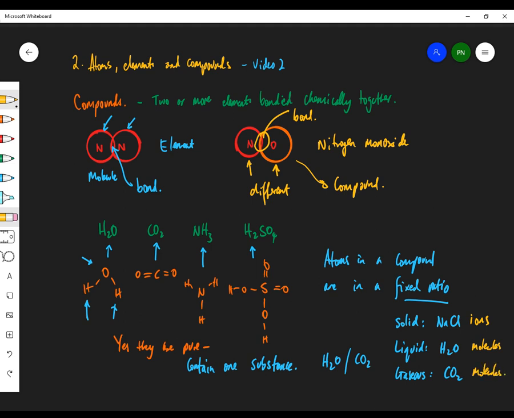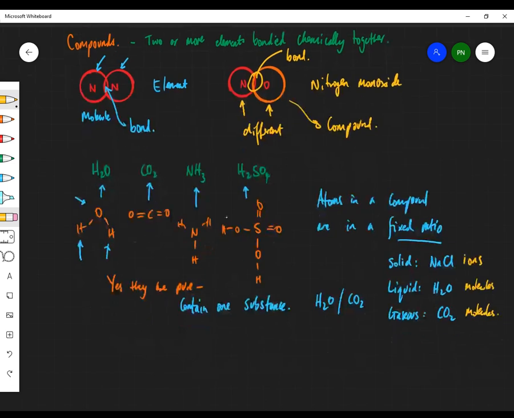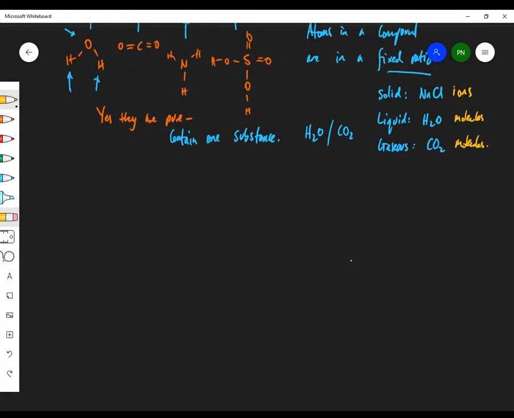Now I've got a very short time to do mixtures, but that's okay. So what's a mixture? Mixtures are not pure. A mixture would be something like, let me draw a nice picture here.